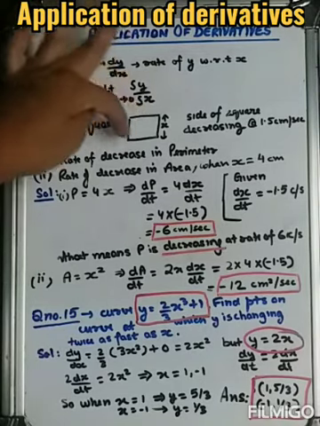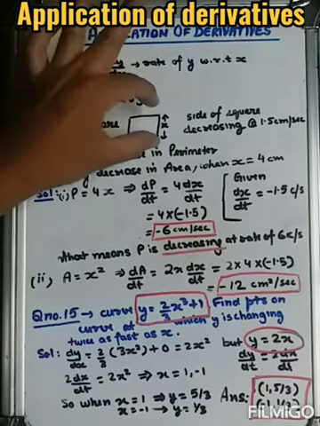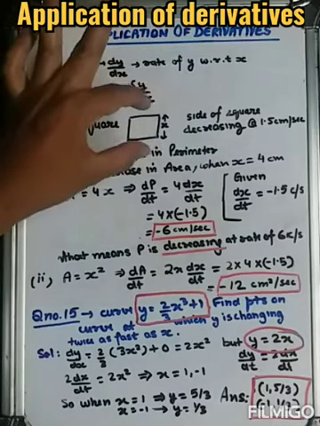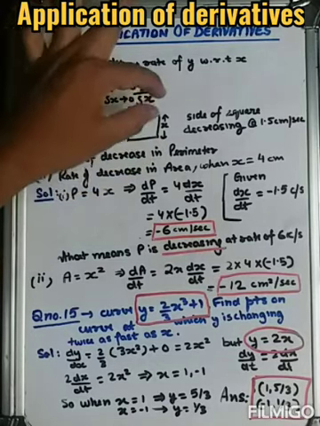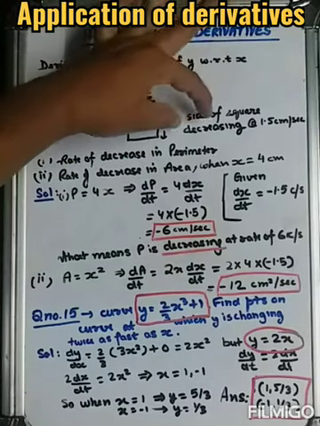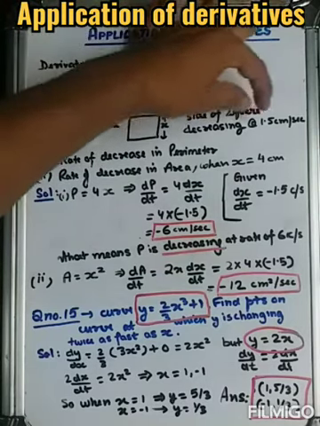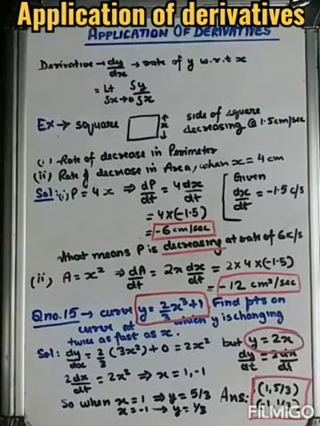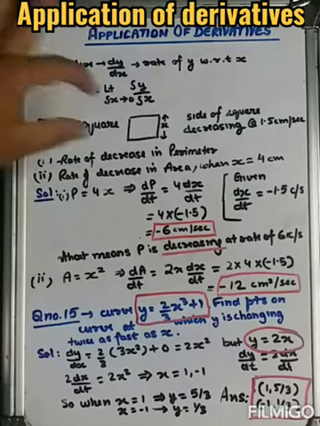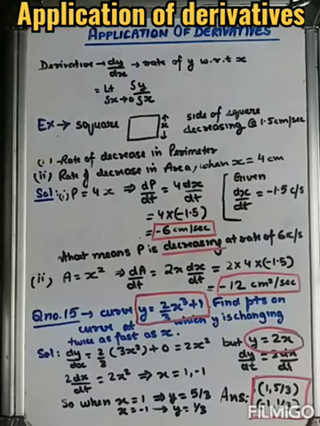Suppose we have a square of side x centimeter or x units. It is said that the side of the square is decreasing at the rate of 1.5 centimeter per second. So obviously the perimeter and area will also change if the side is decreasing. They will also decrease.